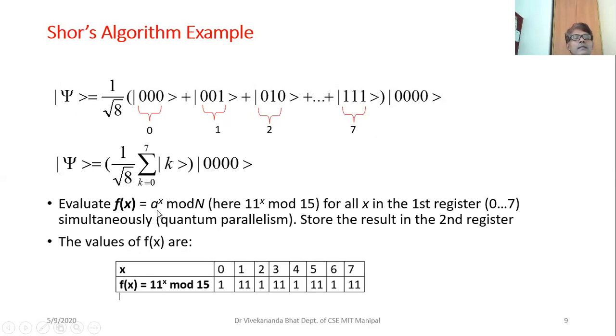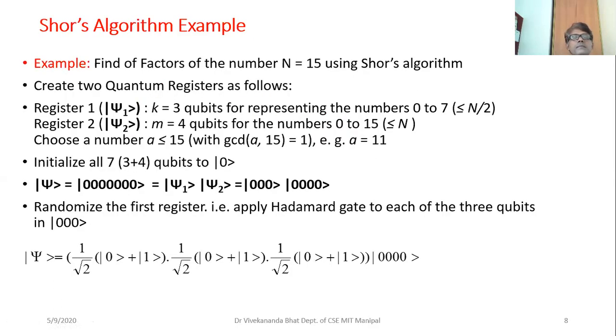Next, evaluate f of x equals a to the power of x mod n. In our case, a is 11, so 11 to the power of x mod 15. We have selected a number a less than 15 with GCD of a comma 15 equal to 1.